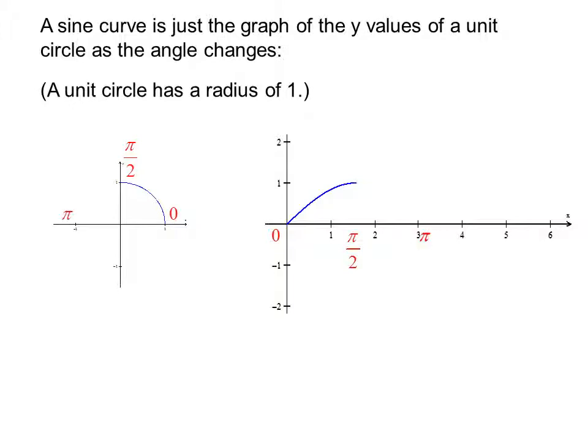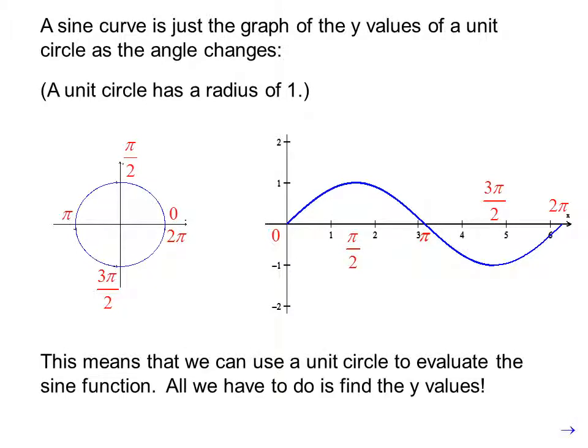At pi, the sine is 0. At 3 pi over 2, the sine is negative 1. And at 2 pi, once again, the vertical distance is the sine. The sine is 0.